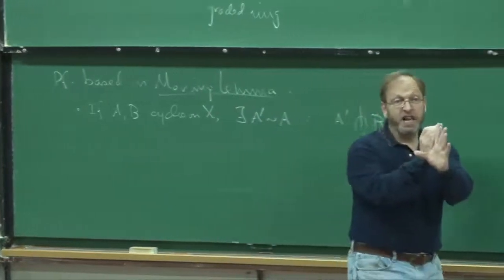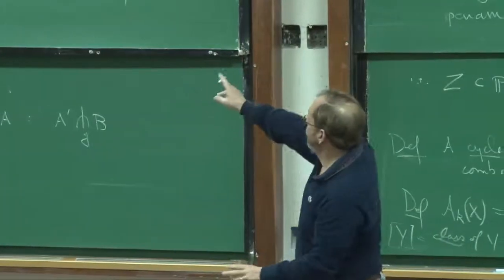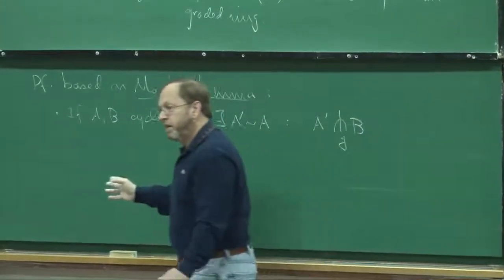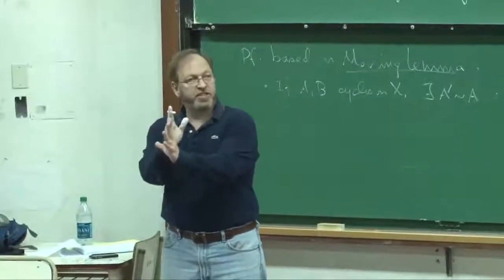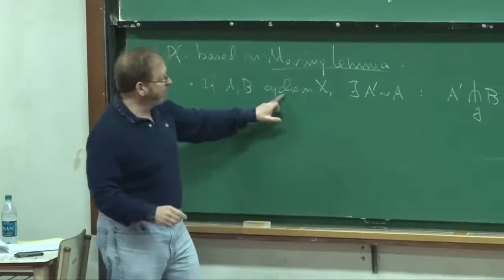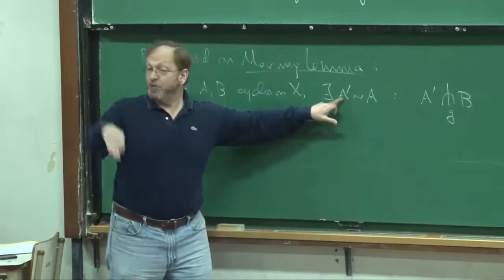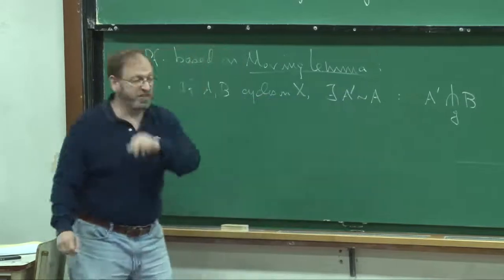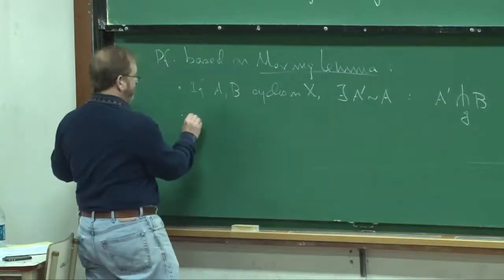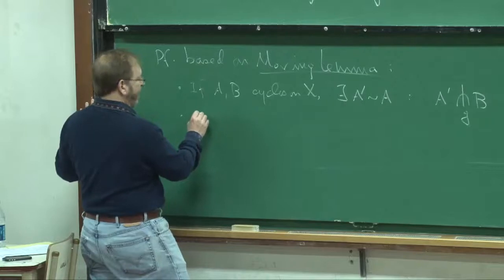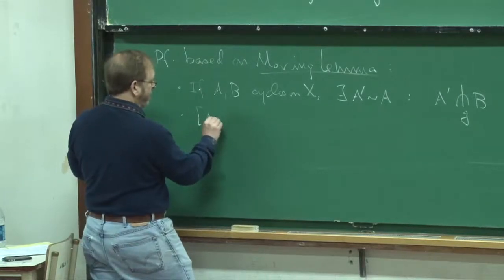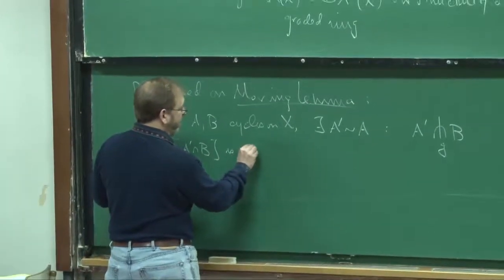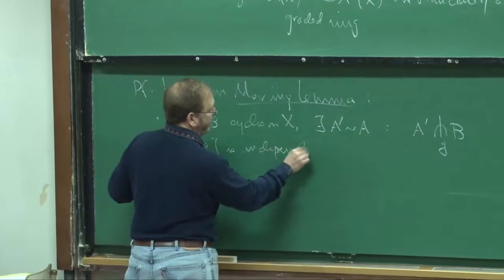So if I just choose arbitrary cycles representing two classes in X, call them alpha and beta, then even if they don't intersect generically transversely, I can replace one of those cycles by another cycle representing the same class that does meet B generically transversely. And, of course, the second part, and the key really, is that the class of the intersection is independent of the choice of that other cycle.